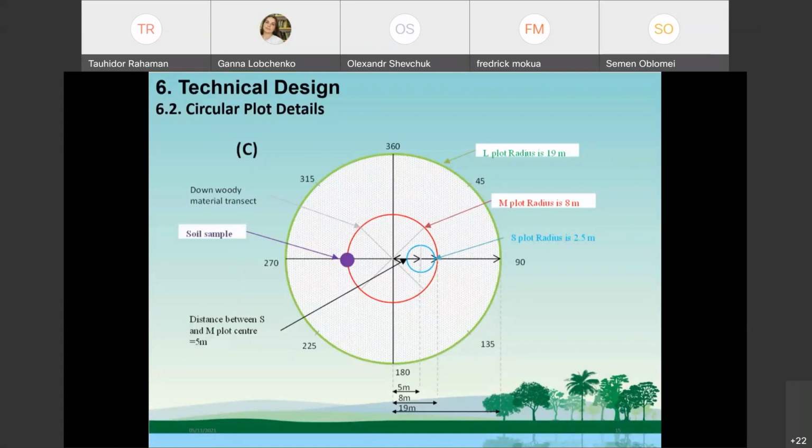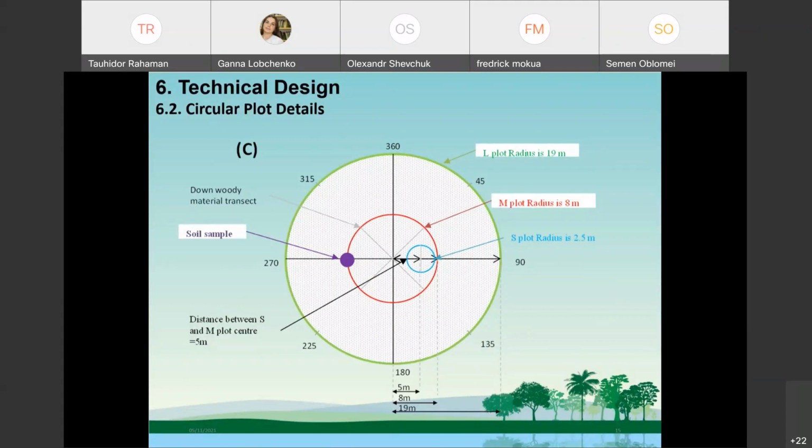So in each subplot, the green circle is for 19-meter radius. So trees above 30 centimeter diameter, we took measurement of those within this radius. And the red circle is the medium plot, where we took the measurement from 10 centimeter to 29.9 centimeter.